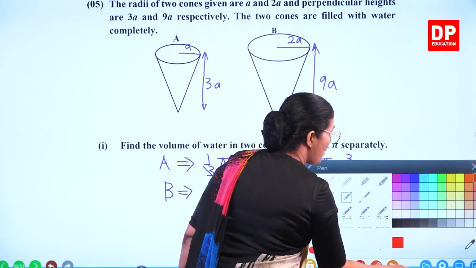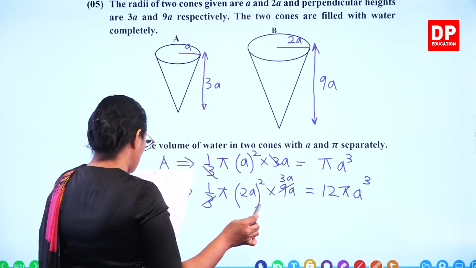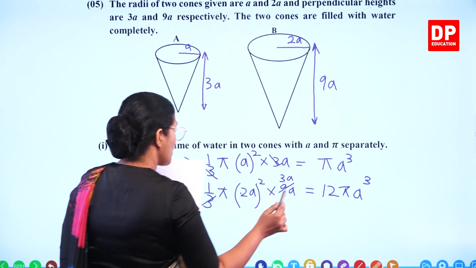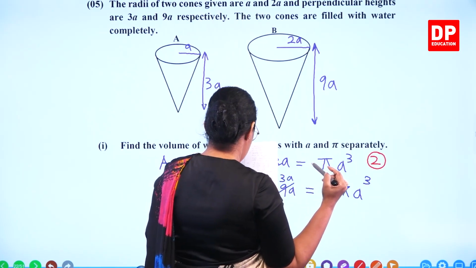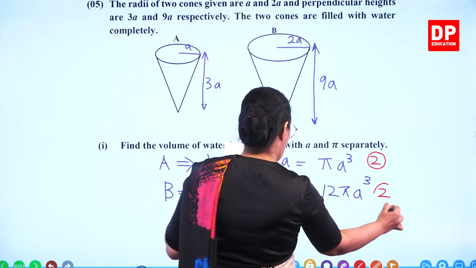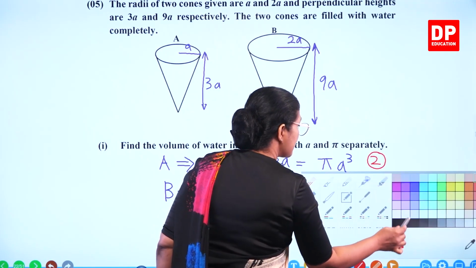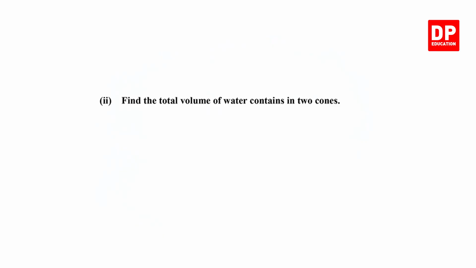Let's give marks for this part. So you are getting 2 marks for finding this volume and 2 marks for finding this volume. So let's take the next one. Find the total volume of water contained in 2 cones. So we found out pi A cube is 1 volume and 12 pi A cube is the other volume.